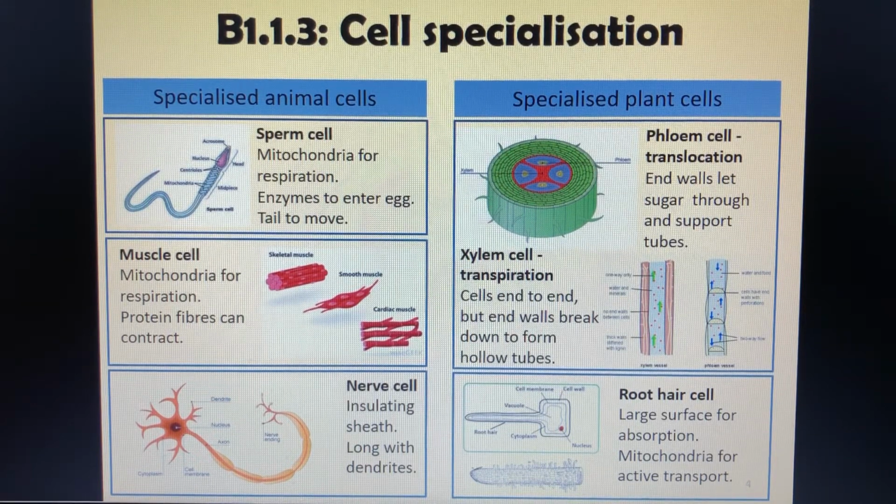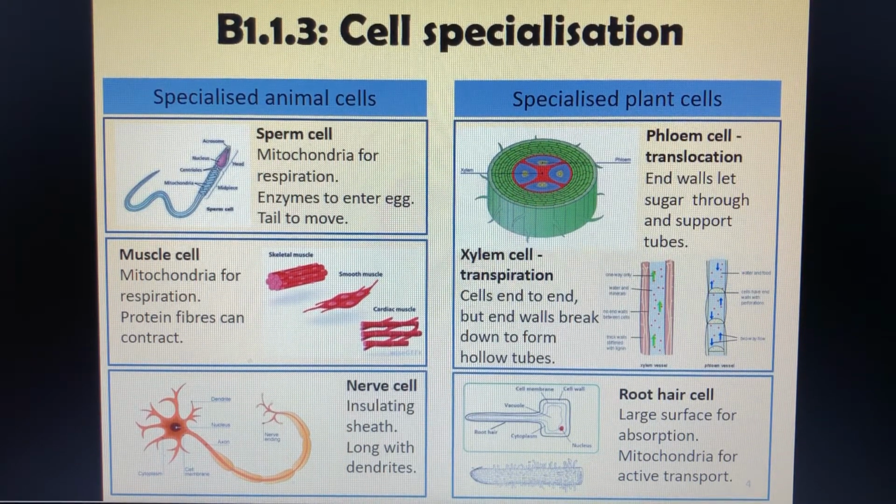Dendrites stretching out on the left hand side there to collect lots of information, and then travelling along. It's called an axon, but you don't need to know that word, and the insulating material is called the myelin sheath. Again, you don't need to know that, but it's better than just saying along the yellow bit. So we've got electrical impulses passing through those large surface area, very long, taking information around the body.